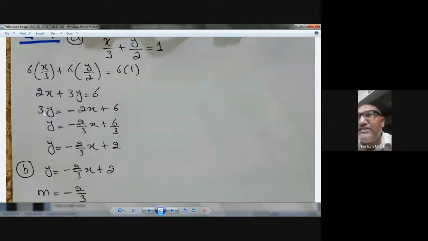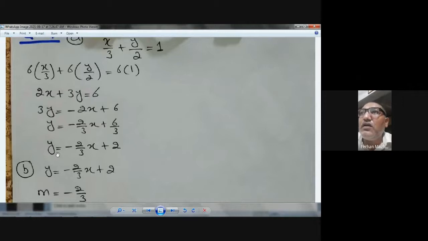So I wrote this 3 under this 2x, and I also wrote this 3 under 6. So you will have y equals to minus 2 by 3 into x plus 2. 3 and 6 are cancelled. So you will have 2. So now you can see the y is alone on the left side. So this is called make the y subject of the formula. Do you understand this?